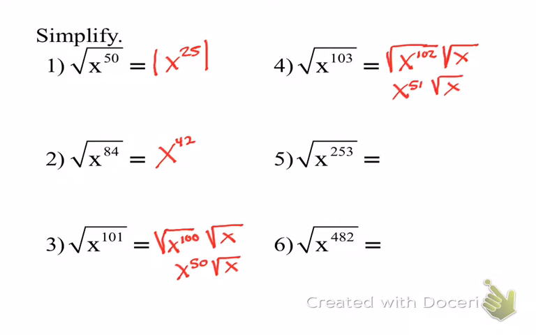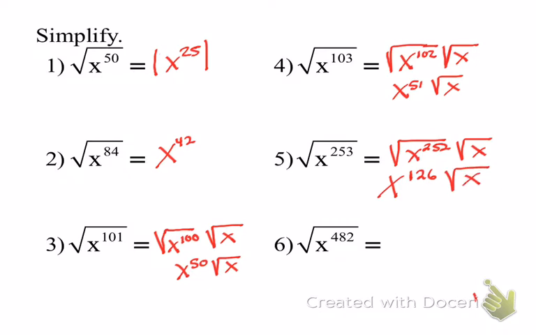Okay, next one. Sophia, I have a question. If it's like 103, do you round down? If it's an odd number, you go to the closest even down. Yes. So what would I do here, Sophia? You would go to x to the 252nd times x, and the square root of that would be x to the 126th times the square root of x.